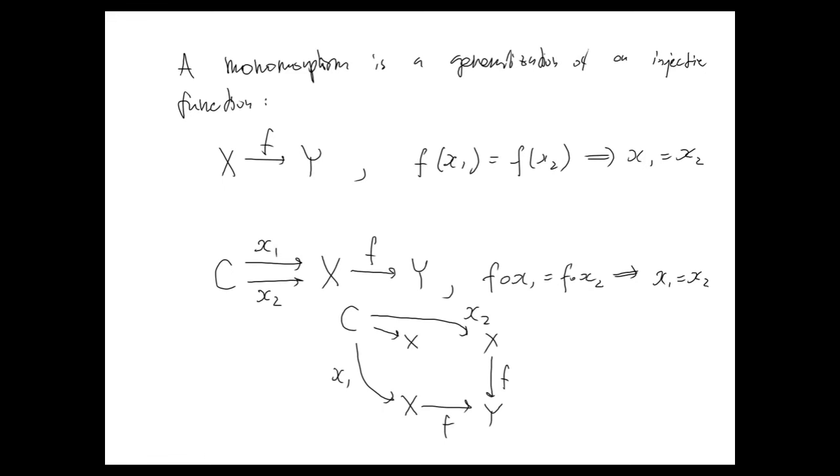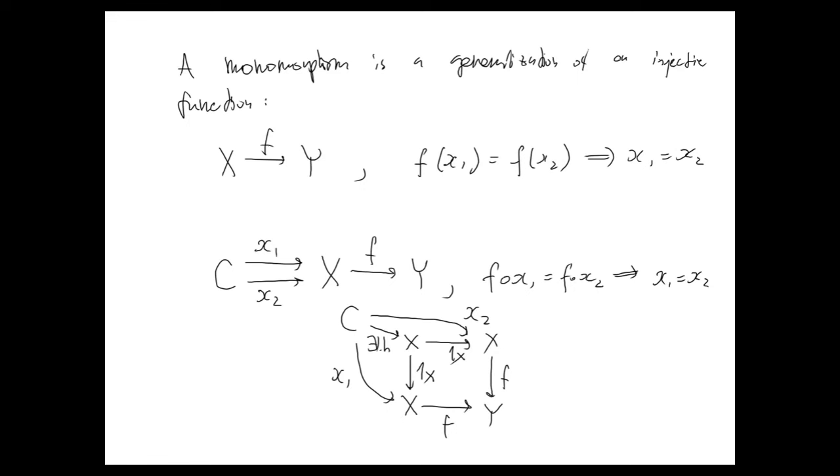there is a map from C to X, which will be x1 equaling x2, such that composed with the identity map on this left side gives me x1, and composed with the identity map on the right side gives me x2. So existence of, and in fact, uniqueness of h as well.